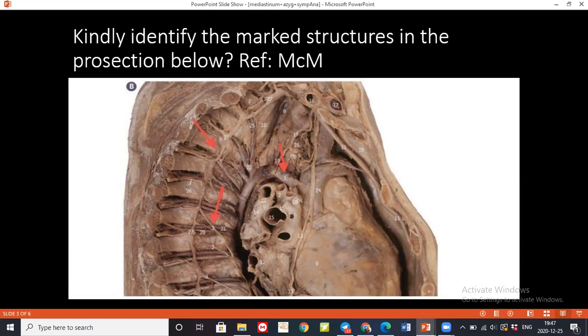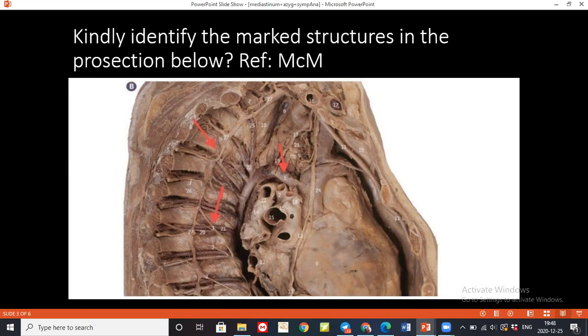It has accessory and hemiazygos veins, and also the mediastinal and bronchial veins. There are subcostal veins, pericardial veins, esophageal, and bronchial veins as well. Did you mention the right superior intercostal vein?